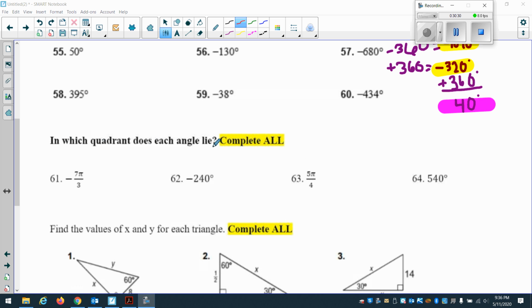Okay, now if we look at this last section here, 61 through 64, they want to know what quadrant they lie in. Okay, so if we look at negative 7 pi over 3, well, that's negative. So in order to make it positive, we have to add, well, it's denominator 3, 6 pi over 3. Well, look at that. We're still negative.